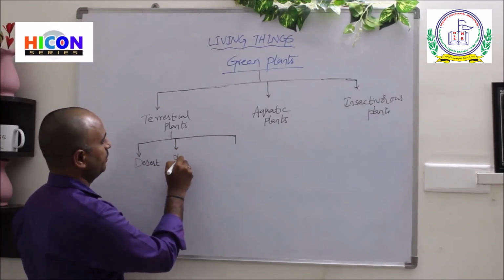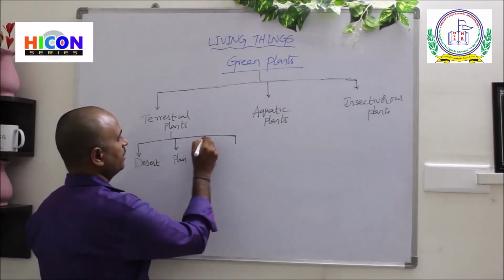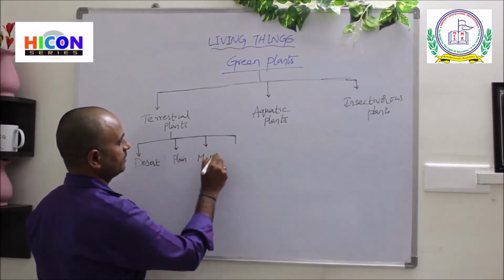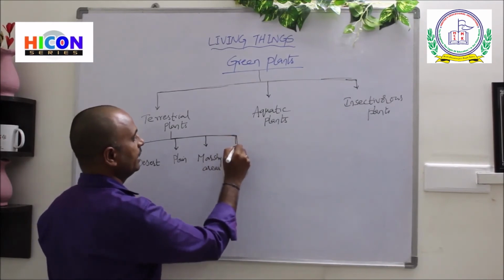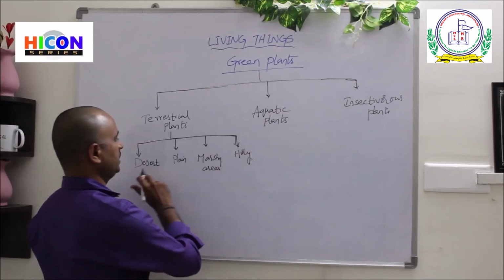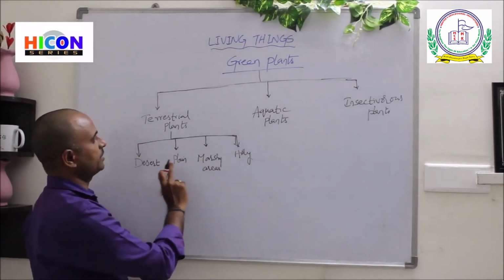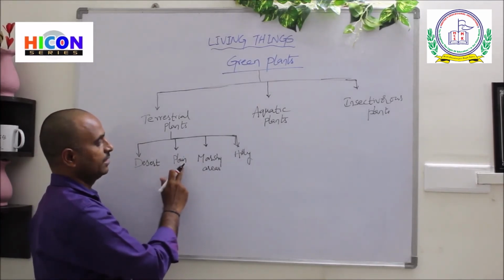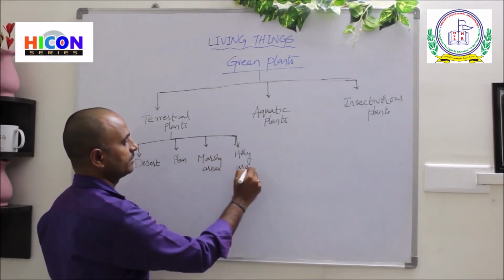That means the plants which grow in plain areas, and the plants of marshy areas, and the plants of hilly areas. So these are the four types of terrestrial plants: desert plants, plants of plains, plants of marshy areas, and plants of hilly areas.